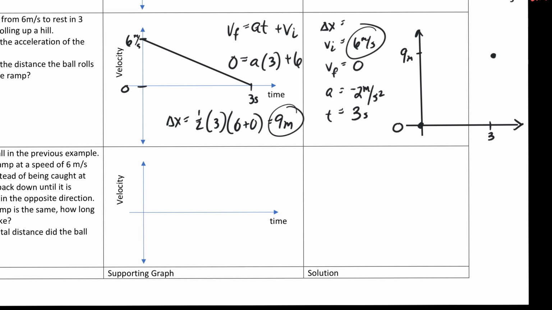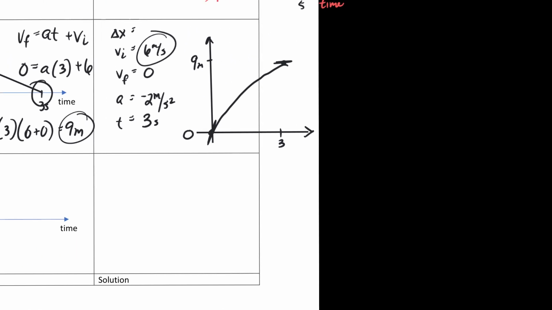It had a positive 6 slope at time 0 and had 0 slope at time 3. That good? Concave down. Do you guys have your calculators? Might as well go the extra mile here.